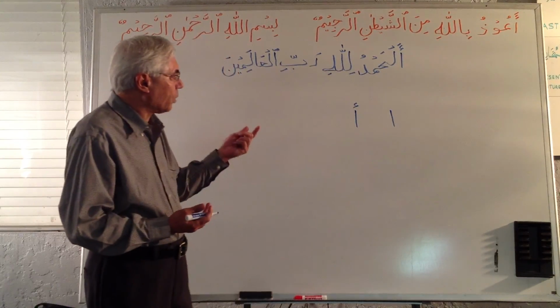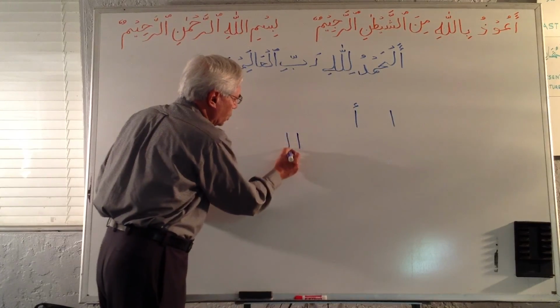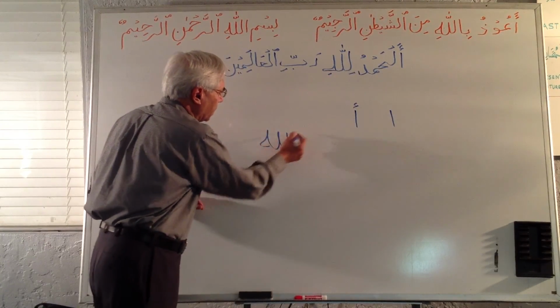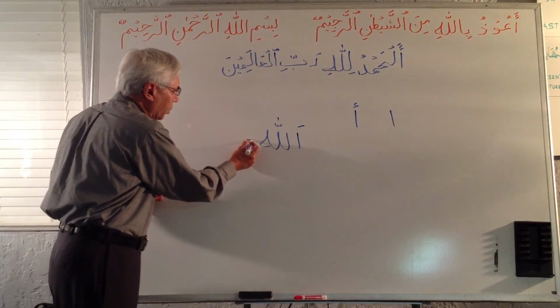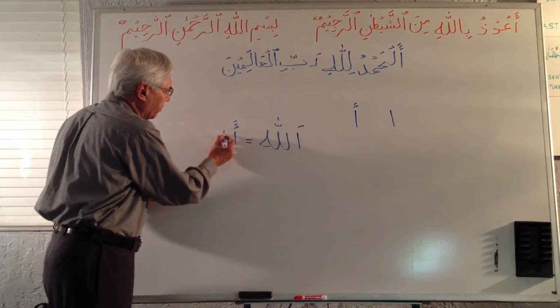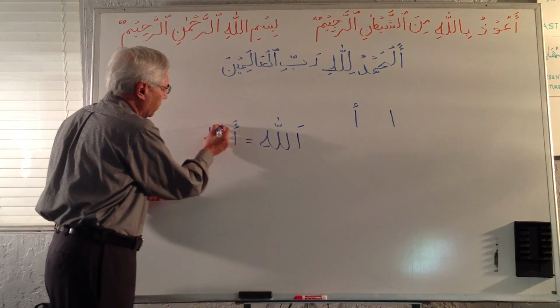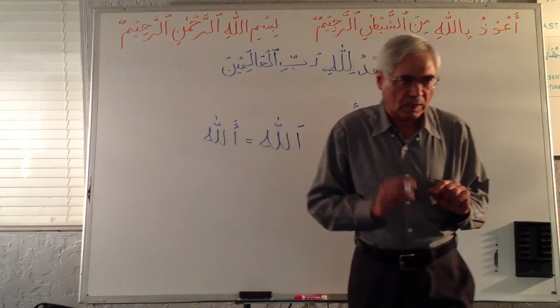Okay? So for example, if you have the word that we are used to of reading, the word Allah this way, in Arabic Quran you will find this written this way. You will find a little extra hamza.